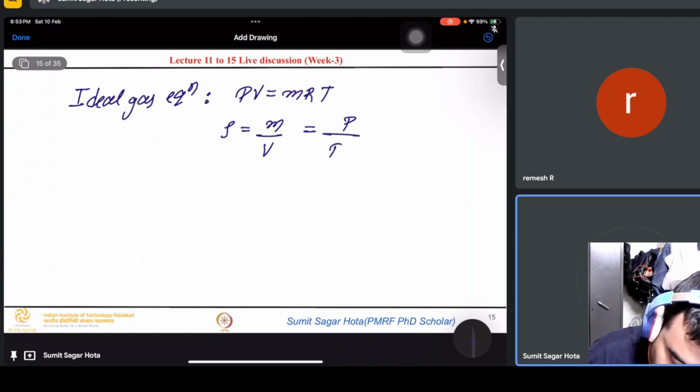P by RT. Or sometimes also you can write it like this, P equal to rho RT.